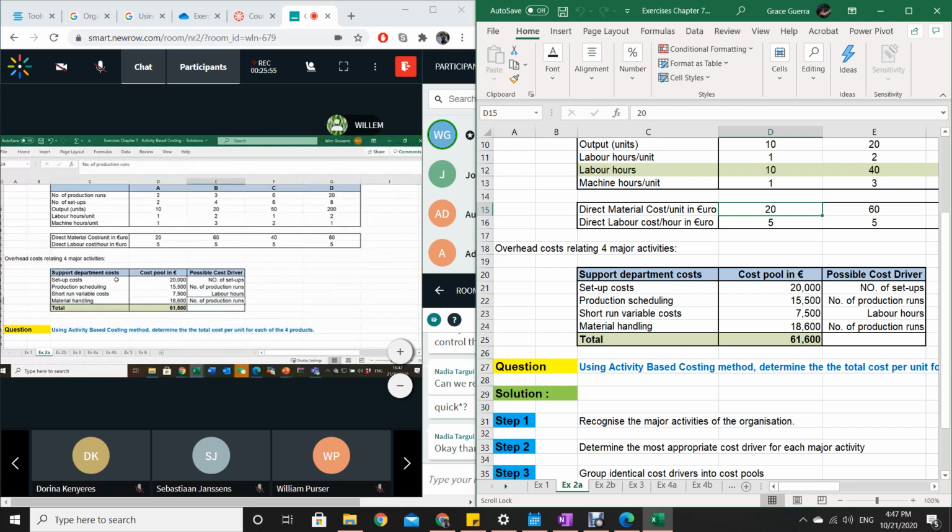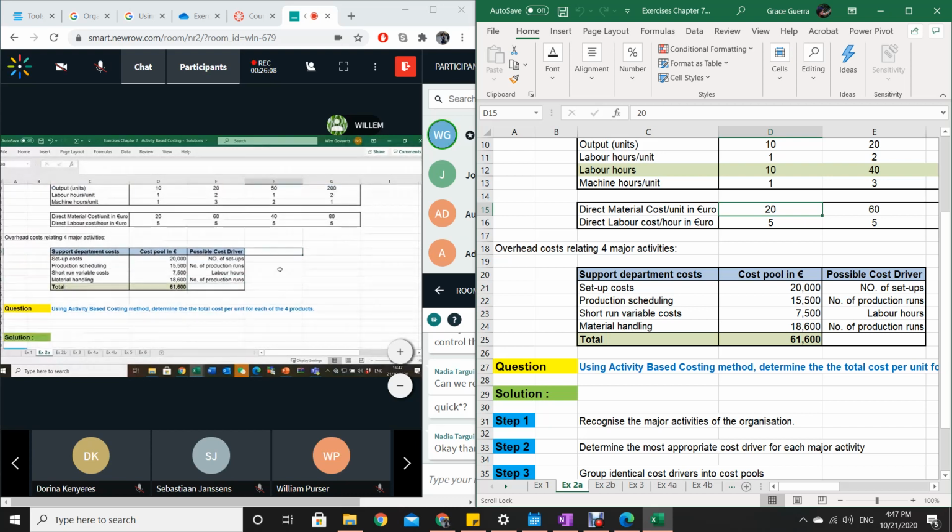You could have said also for material handling, we're going to take the labor hours, or you can take the machine hours. So this is up to you what to choose, and I will not discuss your logic behind it. I will only check whether the process afterwards is done in a good way.